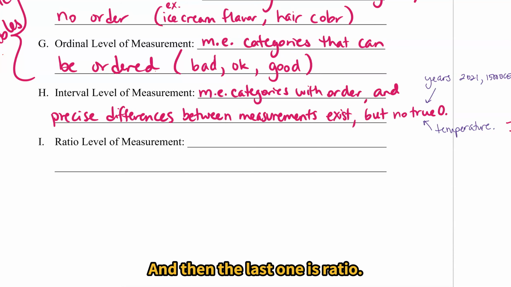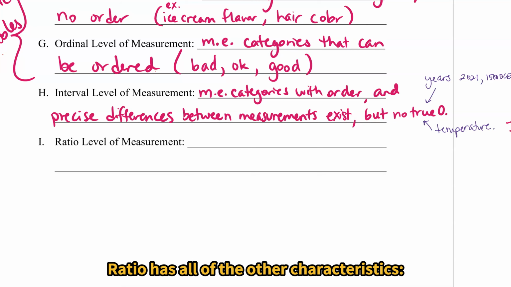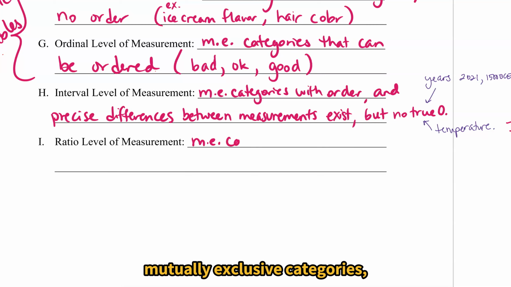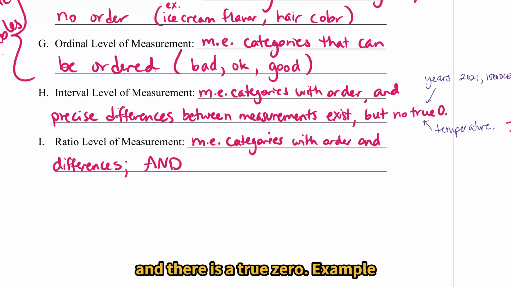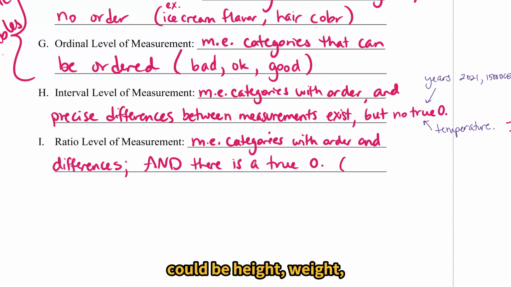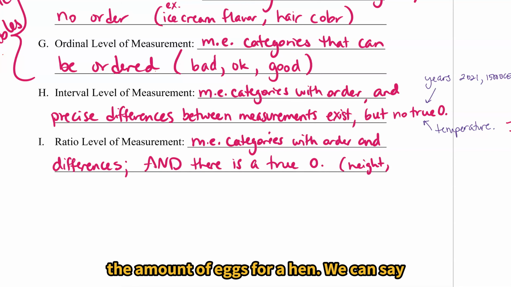And then the last one is ratio. Ratio has all of the other characteristics. Mutually exclusive categories with order and differences, and there is a true zero. Examples could be height, weight, the amount of milk for a cow, the amount of eggs for a hen.